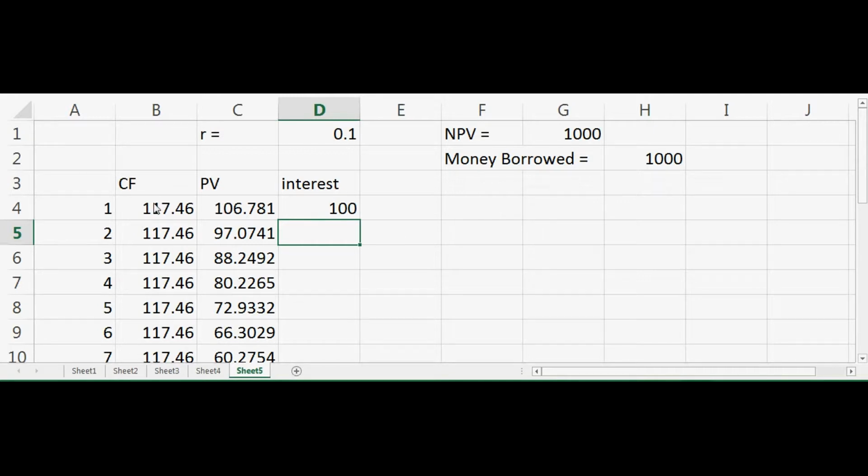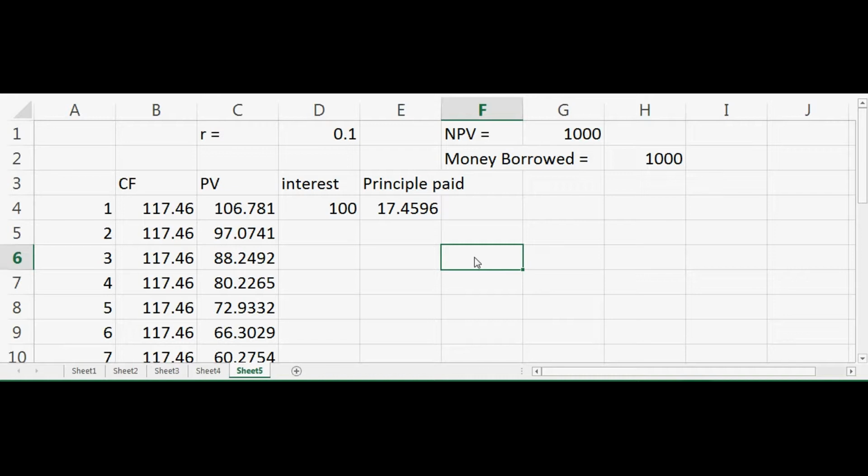So principal paid will be equal to cash flow minus the interest payment. So that is equal to $17.45. So he only paid a principal of $17.4596. So what will happen next year?